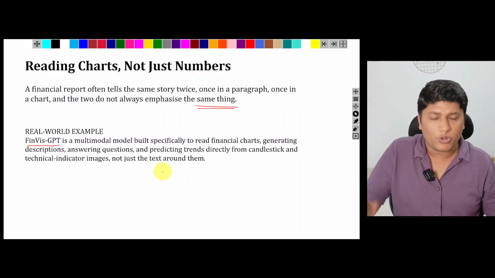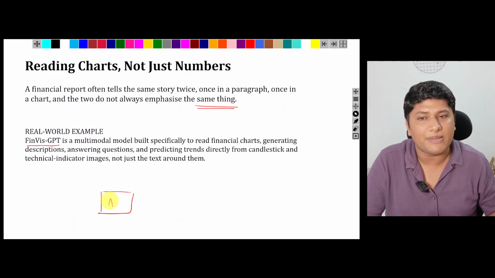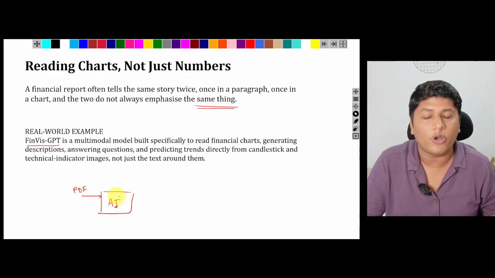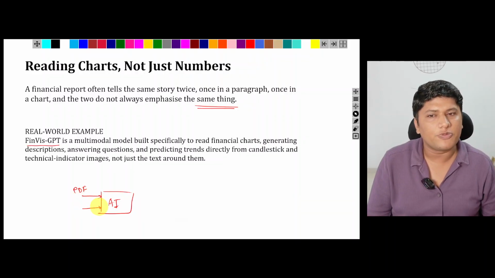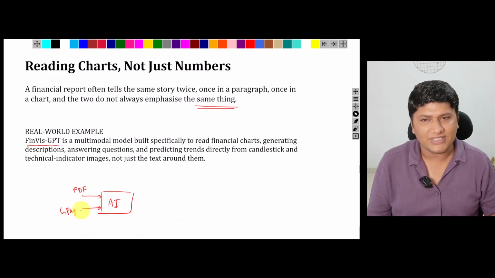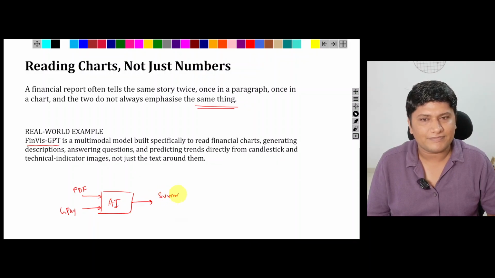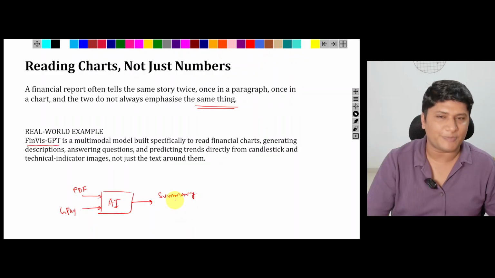For an example, two of our own students in MSc AI are trying to build a multimodal AI system which would read a PDF of your Google Pay or PhonePe transactions, which would also be connected to your Google Pay or PhonePe account. And based on that, it will give you a summary on where you are spending more money, where you are not spending more money.